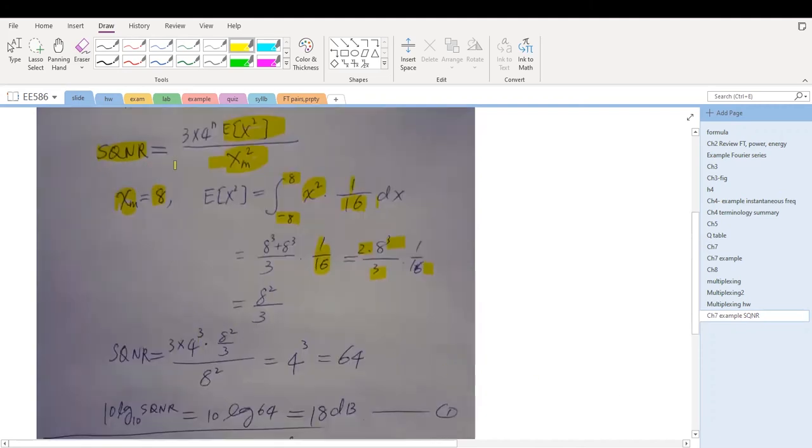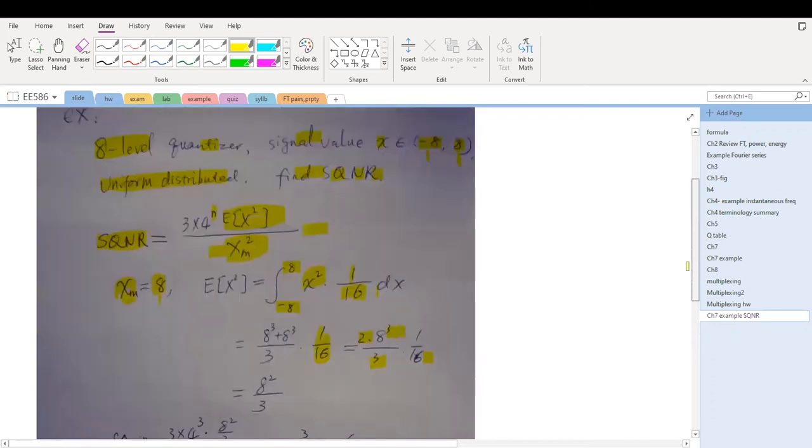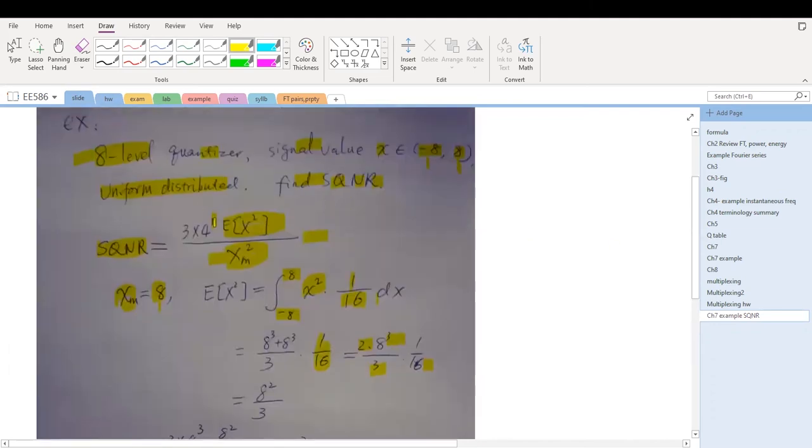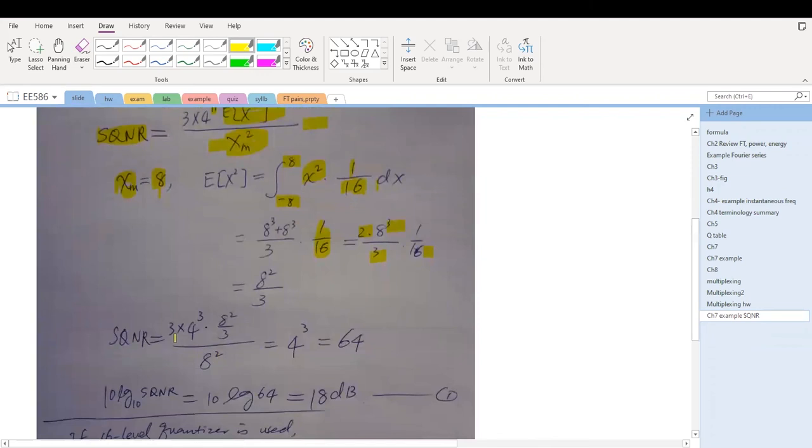Now plug it into the SQNR. Because we have 8 levels, the number of bits equals 3. Plug it in, and we have SQNR equals 64. In dB, we take 10 log 10, and we have 18 dB.